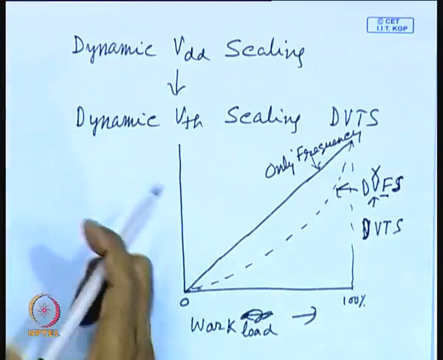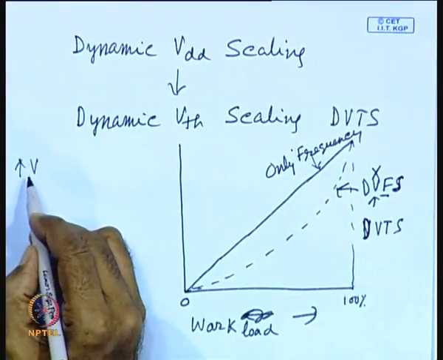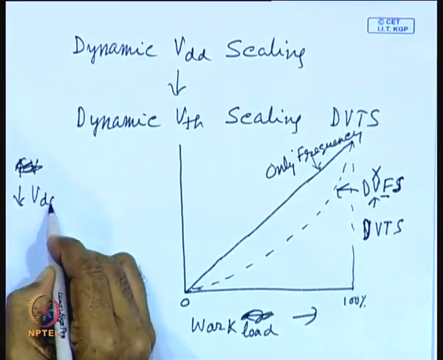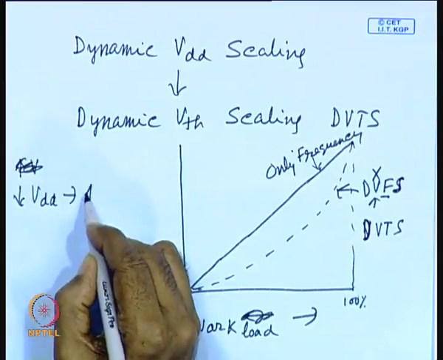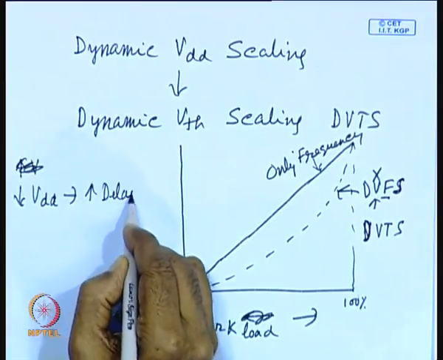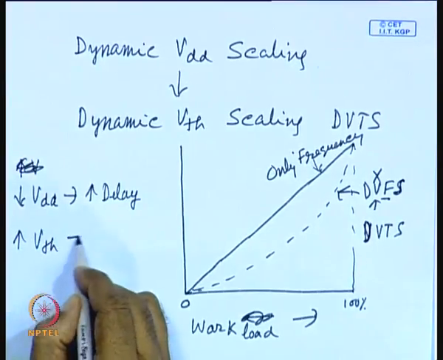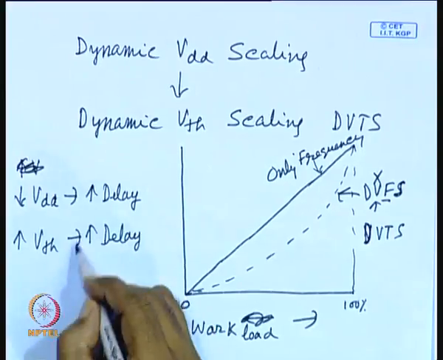You also know that as you increase the threshold voltage, delay increases. That means the effect is the same: lower VDD means larger delay, and higher VTH means larger delay. So, they have the same effect.